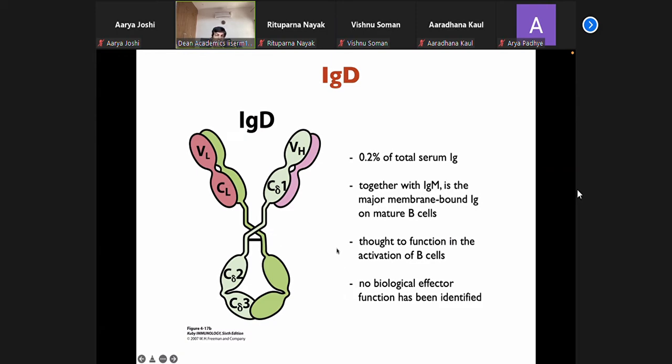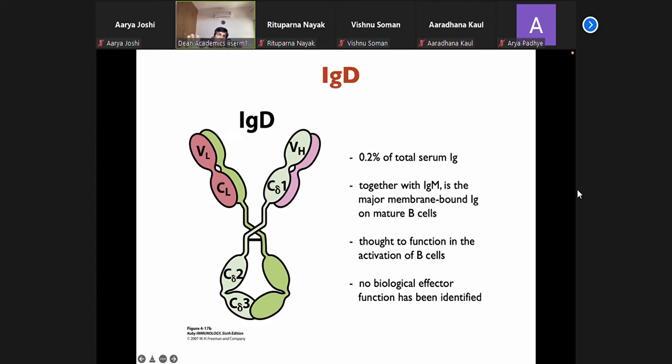For example, for IgG, we know that if something needs to be neutralized in serum, in blood, IgG is the one. If something needs to be neutralized at mucosal sites, in secretions, you have to have IgA. For inflammatory reactions, you have IgE.